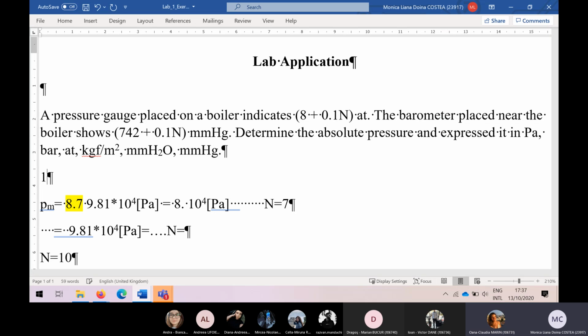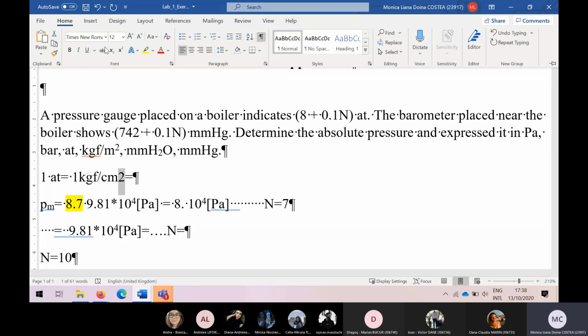One technical atmosphere is equal to 1 kilogram force per square centimeter. Kilogram force is in the technical system of units, and it's the equivalent of force in the international system of units.